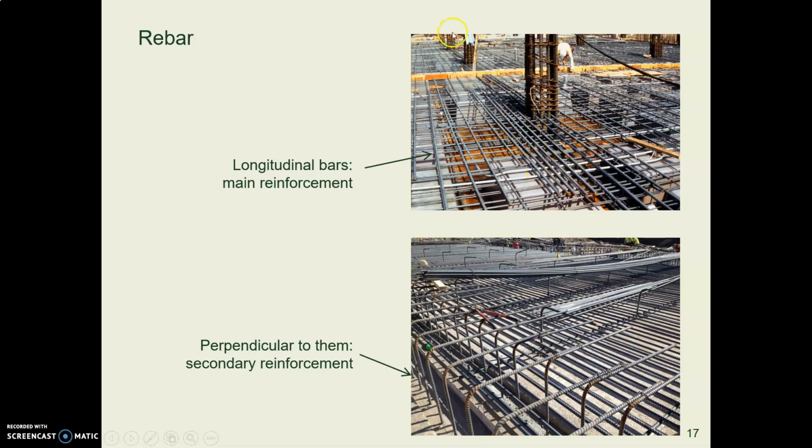So we have bars that are running lengthwise of the floor slabs or up and down the columns. And then we have bars that are perpendicular to those longitudinal ones, at right angles to them. And all those rebars are connected together by wire. I don't know if you can see in this picture, there are wire ties in there that hold those bars in place when the concrete gets poured.